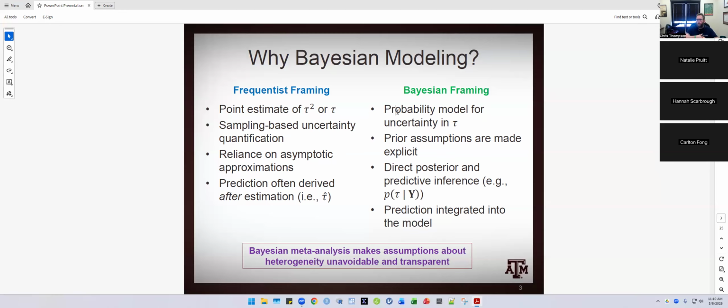Yes, some software will have defaults that are used, but in general, if you take the viewpoint that everything is random and apply priors to all your parameters, then you have to make assumptions and think about what you expect to see and what things should look like structurally, right? And that is going to be the key when we form the priors for tau, which is coming very soon.